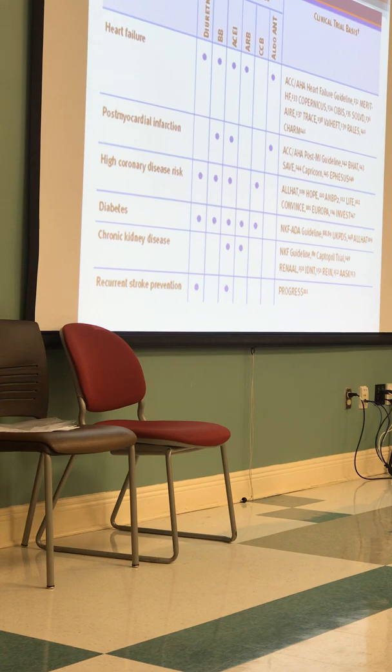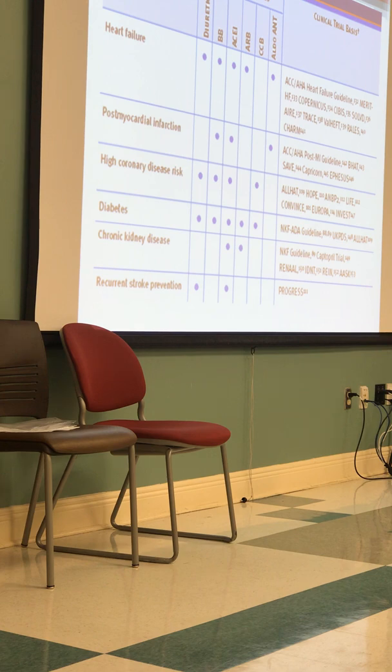You're going to put them on a beta blocker and an ACE inhibitor, because now they've had an MI. So these compelling indications override JNC8, because the post-MI treatment parameters say that you must send them home on an ACE inhibitor to prevent ventricular remodeling, and you must send them home on a beta blocker.